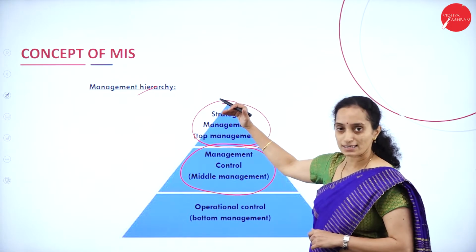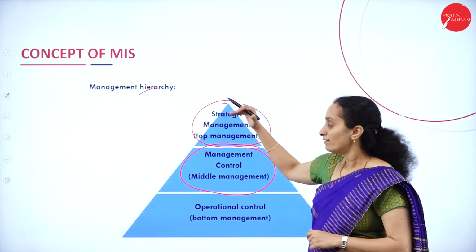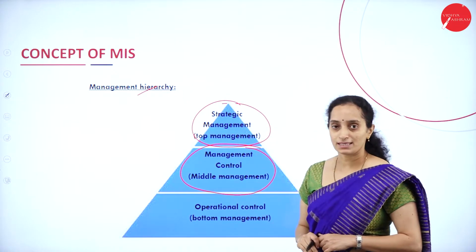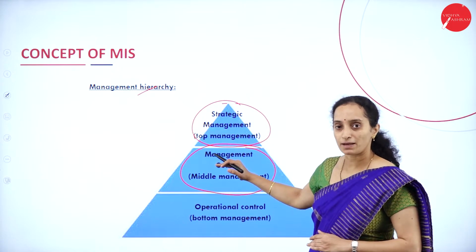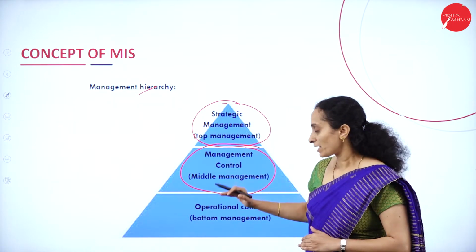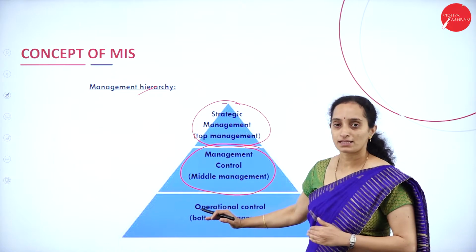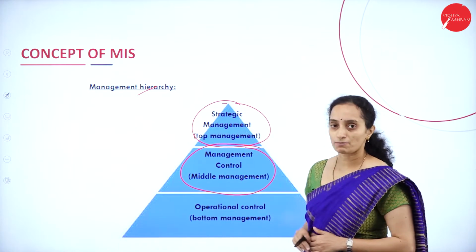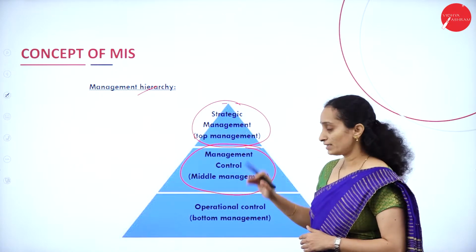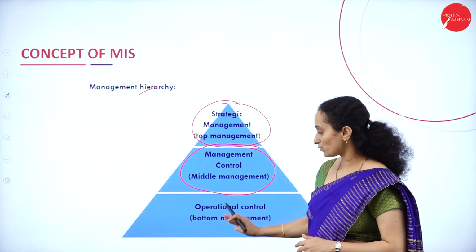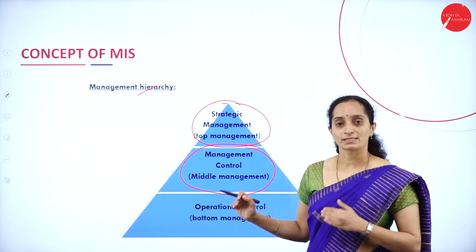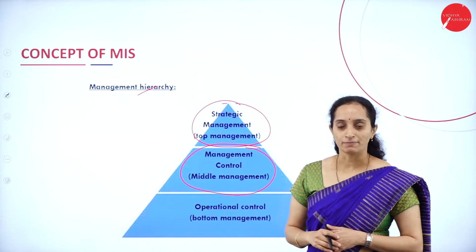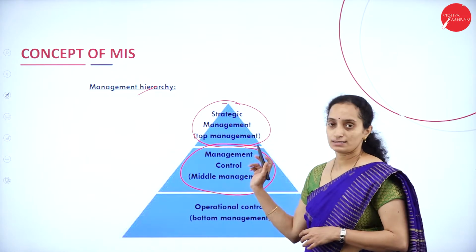The top decides the strategy. Some strategy will be implemented by the middle level management and some will be the responsibility of the bottom level management. The middle management has to see that the bottom management is handling their responsibility properly.